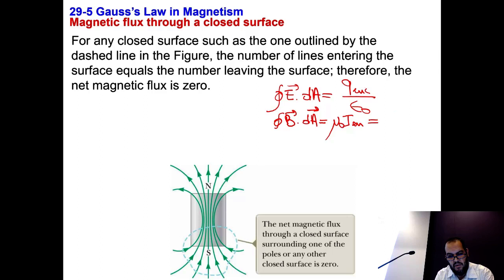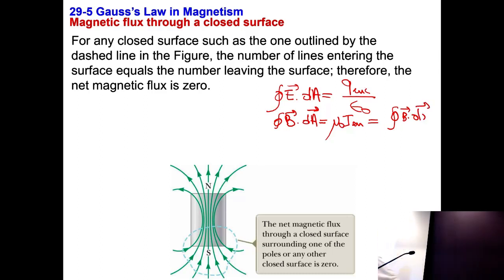We said this is equal when you have a closed surface of B dotted with dS. Do you agree with Huda or you have a different opinion? Follow me, Ibrahim. You follow me? What do you think? Yes?